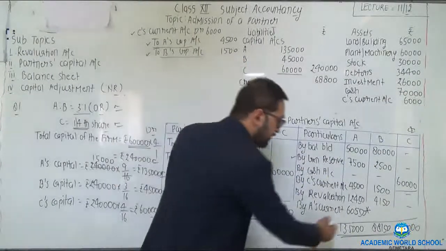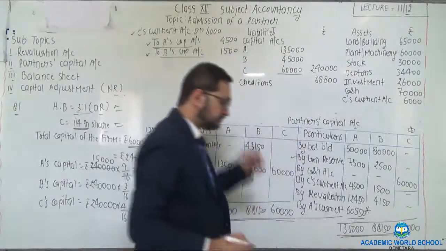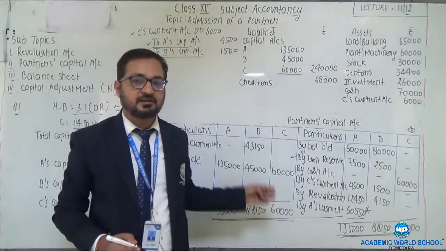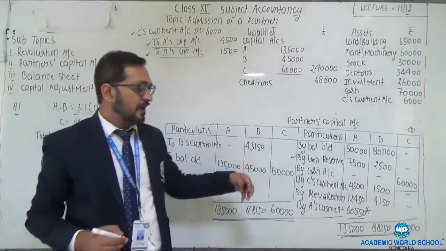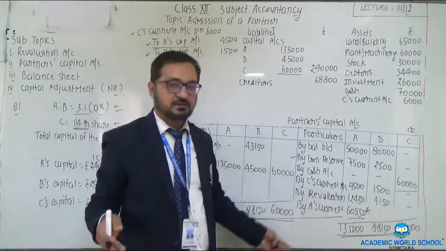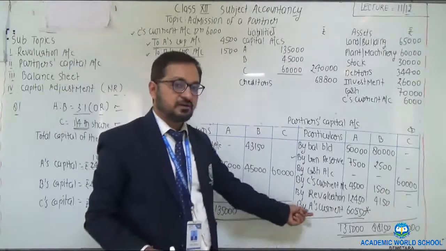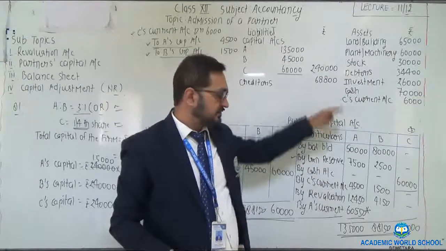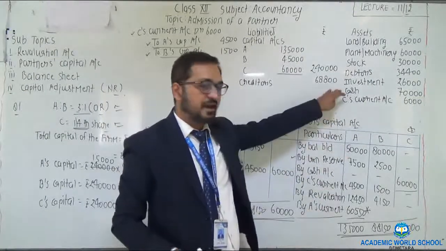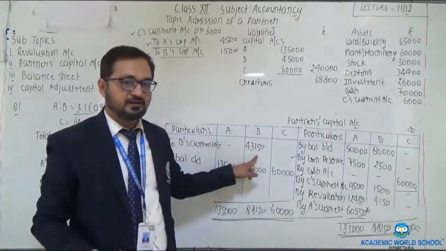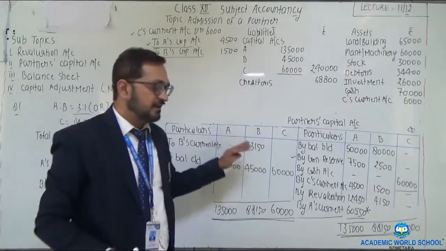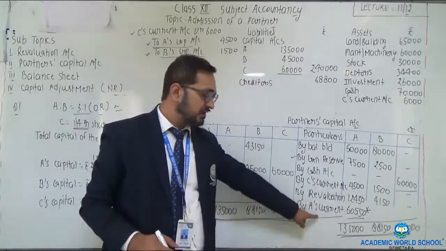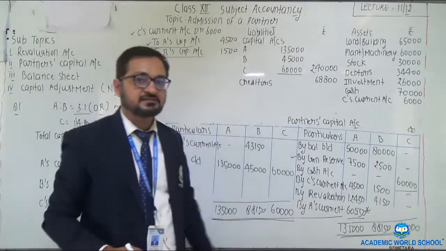After that, A's current account. If the necessary adjustment is to be made by cash, and it is mentioned or stated in the question, then it should affect the cash balance. This would be added into the cash balance and this amount is to be deducted from the cash balance. Now, the adjustment is to be made through current account by opening a current account. So here the current account is placed on the credit side. Is this clear?